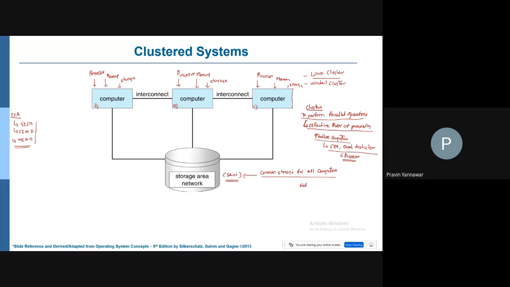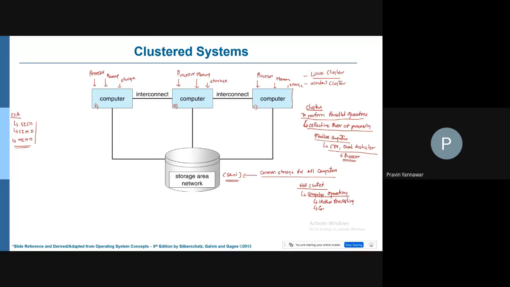These types of cluster systems are well suited for complex operations such as weather forecasting.